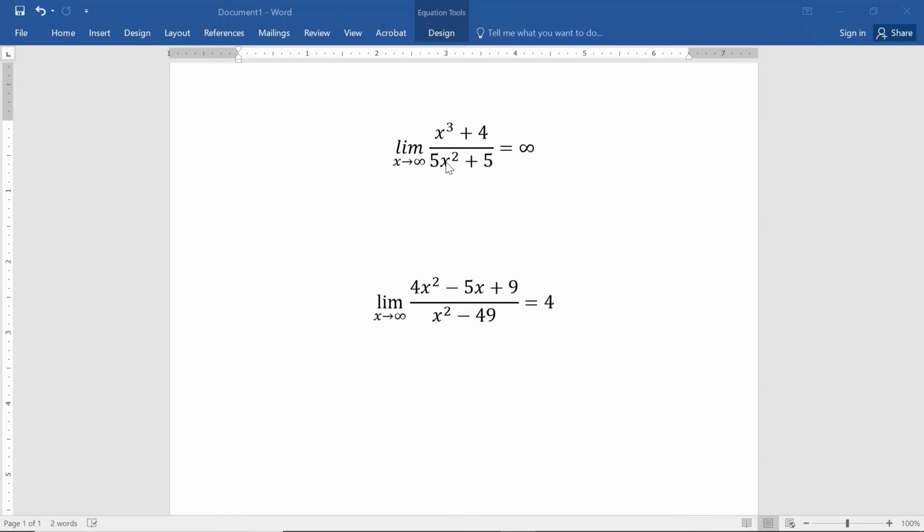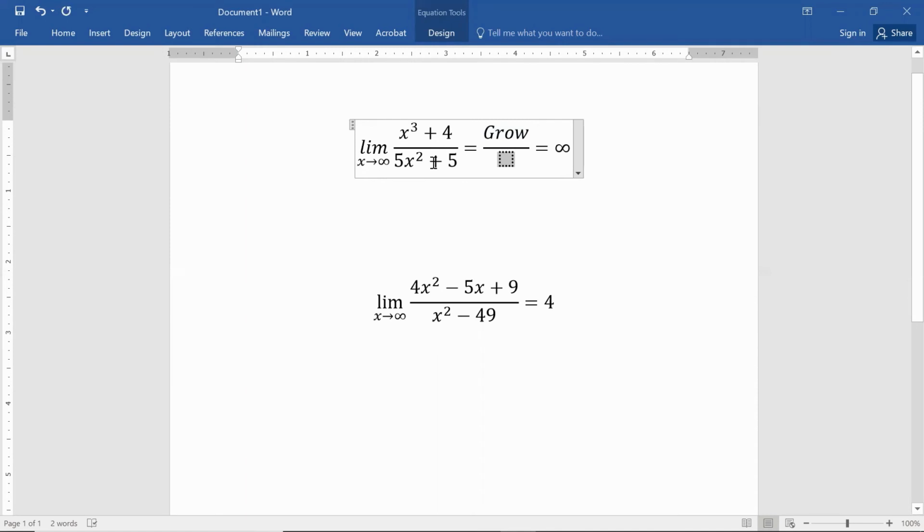At really, really high values for x, if one of our numerator or our denominator is growing faster, then that one is going to take over. By taking over, what I mean is this fraction is basically the top is growing really, really fast, and the bottom, well, compared to the top, it's growing really, really slow.